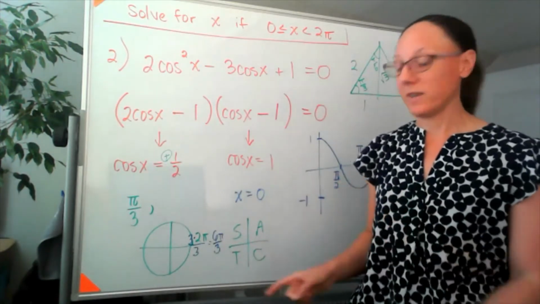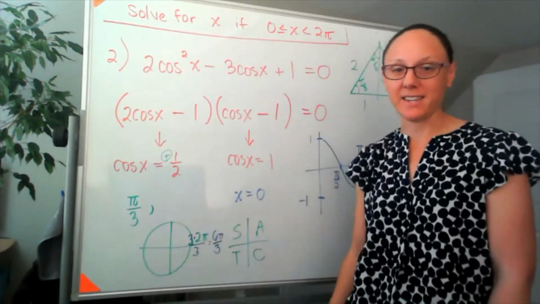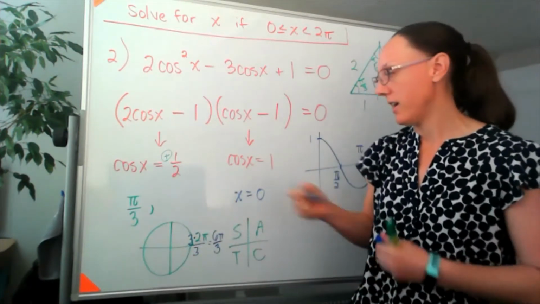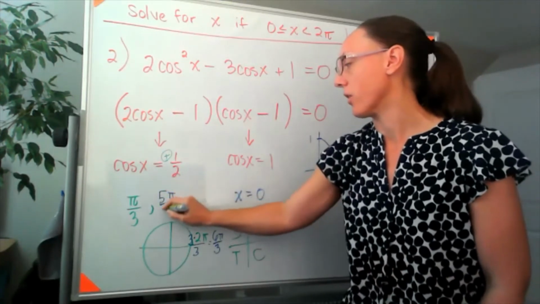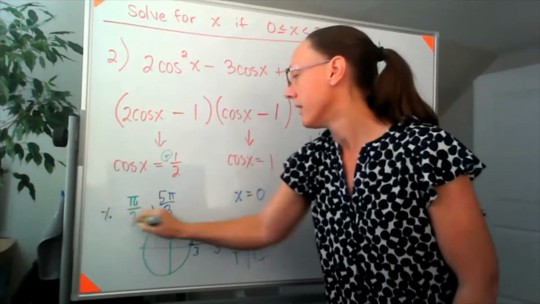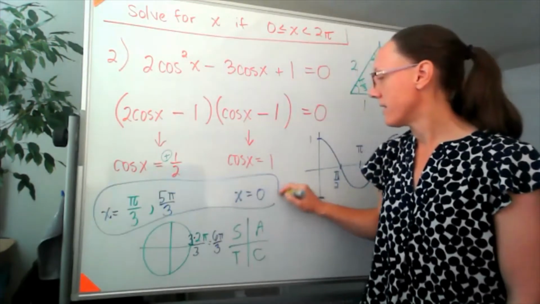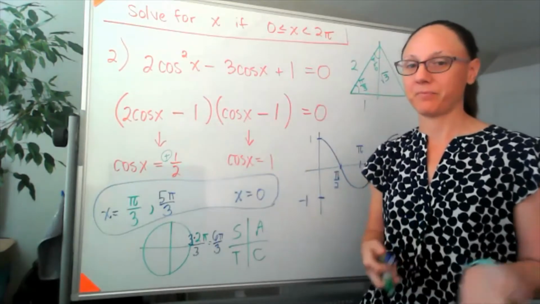Then once I know where that reference is, then I'm backing off 1 to get into the 4th quadrant, and I'm going to end up at 5 pi over 3. So these are my solutions for this equation.